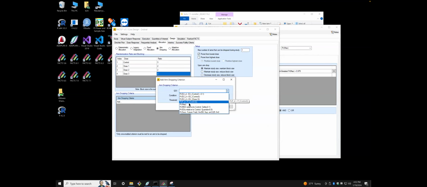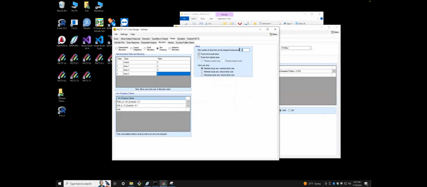So I can say if the probability that the utility is better than control is less than, say, 10%, or if the probability that safety is better than control is also less than 10%. So if either of those trigger, then an arm can be dropped. And I can allow up to all 3 arms to be dropped.